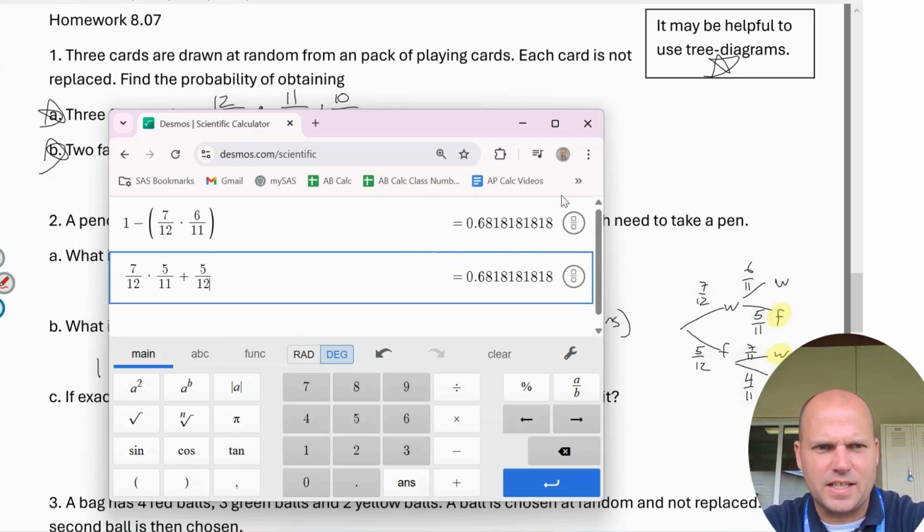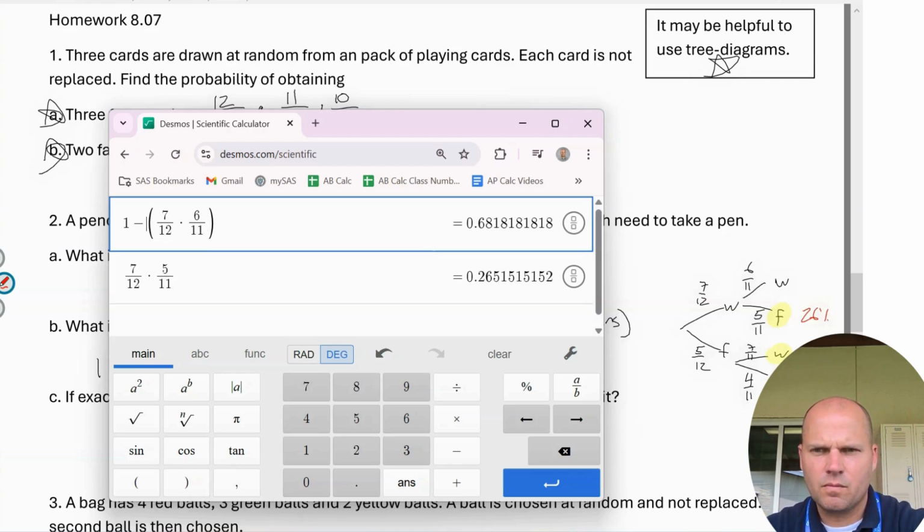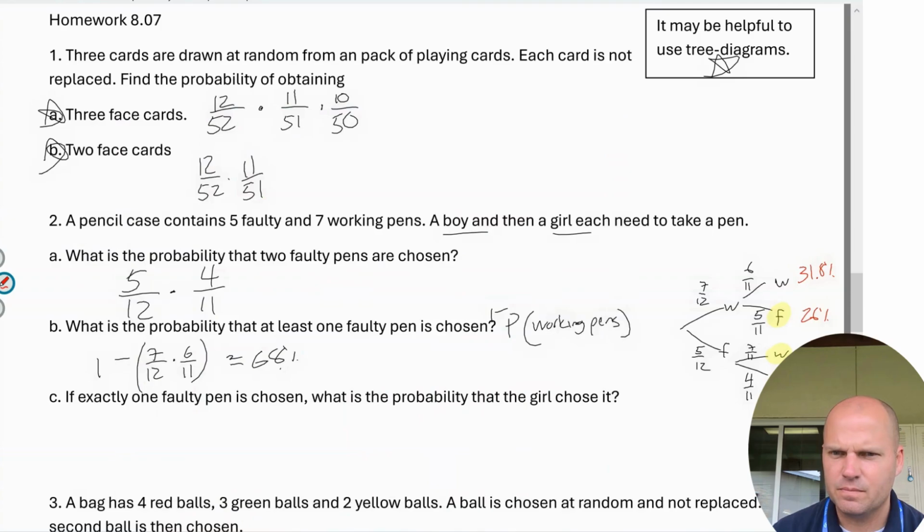So two different ways to get the same answer, whether you are using all of these probabilities and adding them up, or if you find just this probability and we say, oh, well, if this probability is 31.8%, then the remaining is going to be the rest. So subtract that from 100.